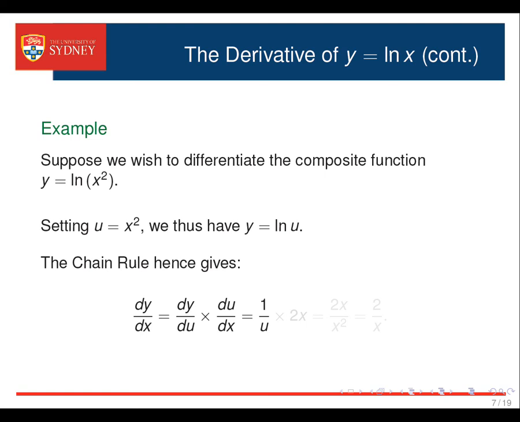From the equation y equals ln u, we therefore have dy du to be 1 on u. And from the equation u equals x squared, we therefore have du dx to be 2x. And so the derivative is equal to 2x on x squared, which simplifies to 2 over x.